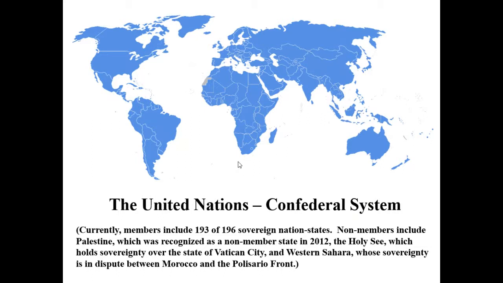The United States is not about to give up its sovereignty to a world government called the United Nations. Russia is not about to give up its sovereignty to a world government called the United Nations. The United Kingdom, Japan, France, Germany, India, Israel, none of those member countries, I can't list all 193, okay? None of them are going to give up their sovereignty to the United Nations.